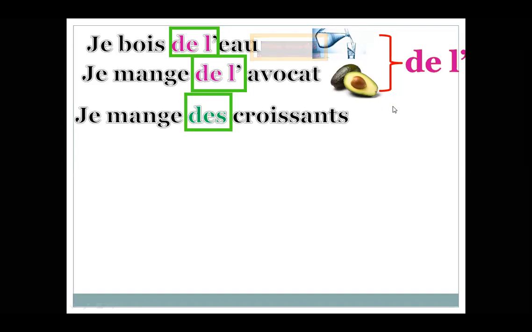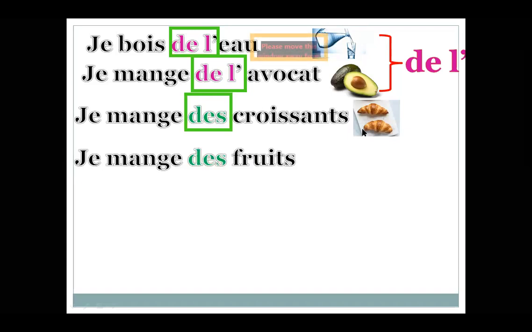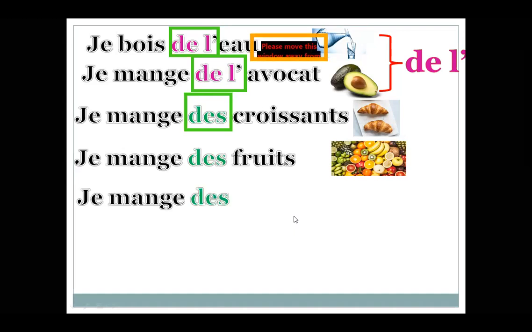Je mange des croissants. Je mange des fruits. I eat fruits. Je mange des légumes. I eat vegetables.